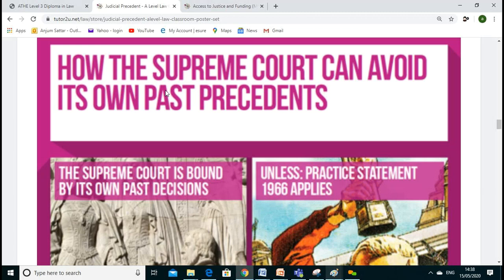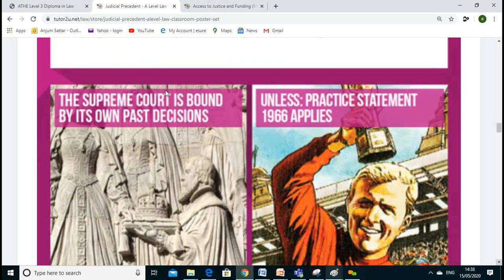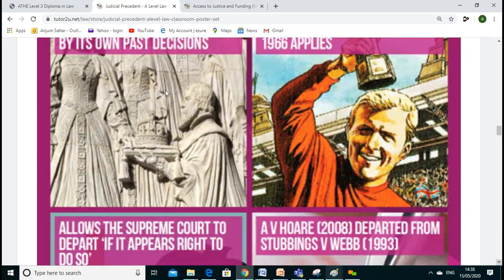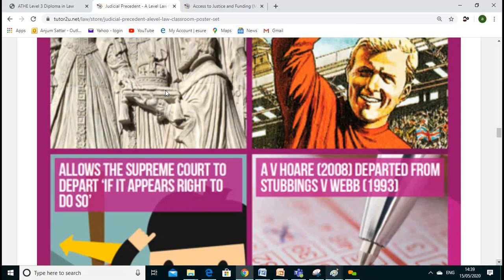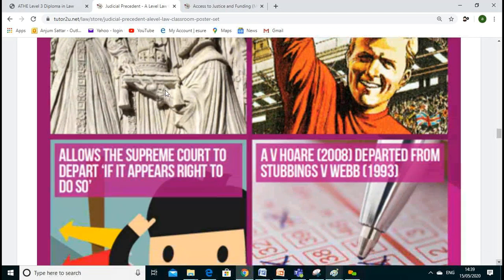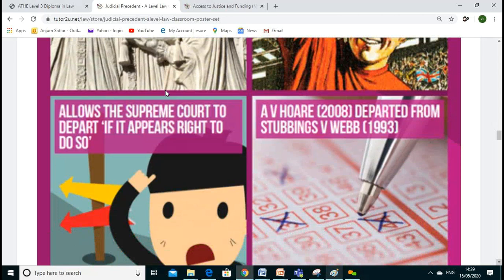So we need to look around this. Unless the Practice Statement applies. It's from case law back in 1966, which allows the Supreme Court to depart if it appears right to do so. So sometimes the Supreme Court can change things as well.